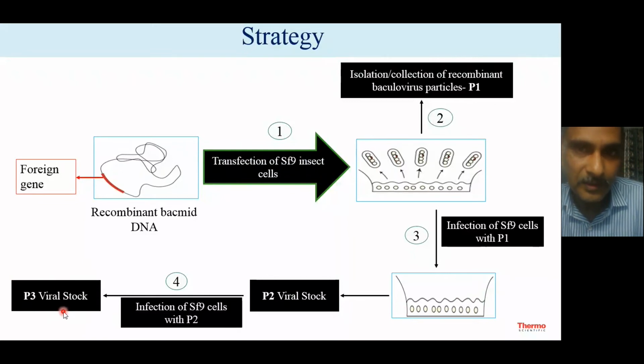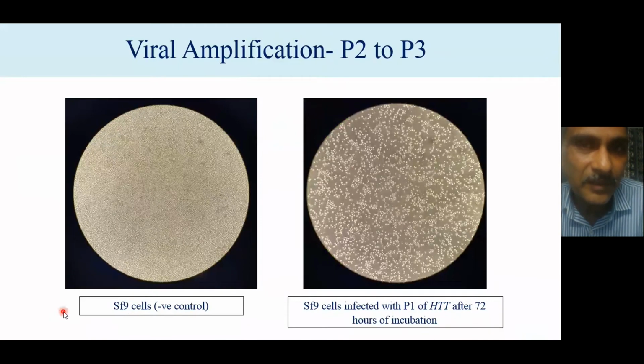So how do we know that our cells have really got infected? We have to use a control where we don't do the transfection or infection, and along with that we have our infected cells. You can clearly see here, when the cells are not infected they grow rapidly and double in 72 hours, while after 72 hours the infected cells have not divided and look much larger, so they are swollen.